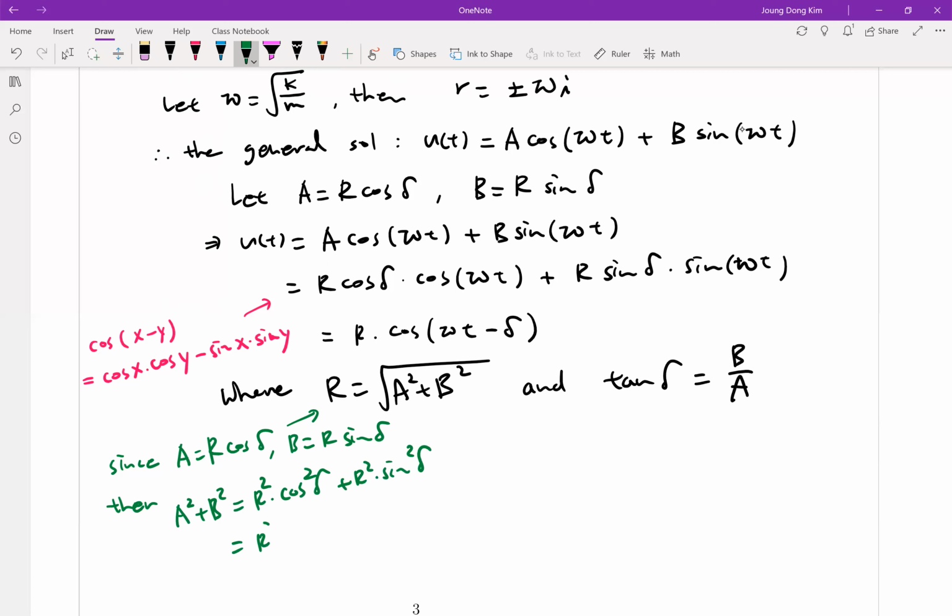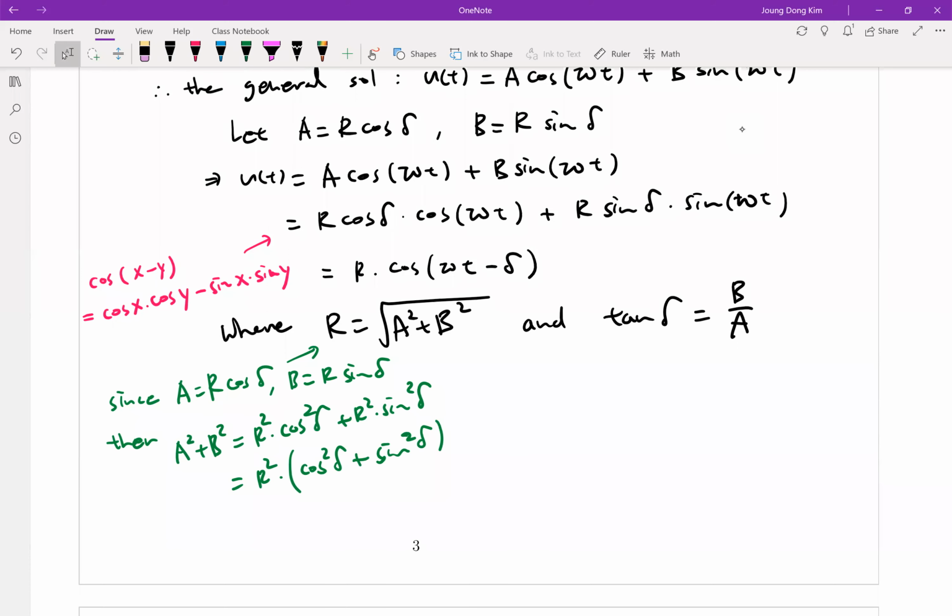That is r squared times cosine squared delta plus sine squared delta. There is a trig identity, so that is equal to r squared. So finally, r is equal to the square root of a squared plus b squared.